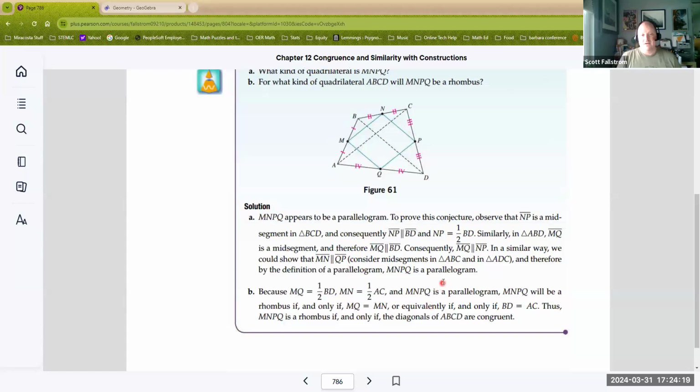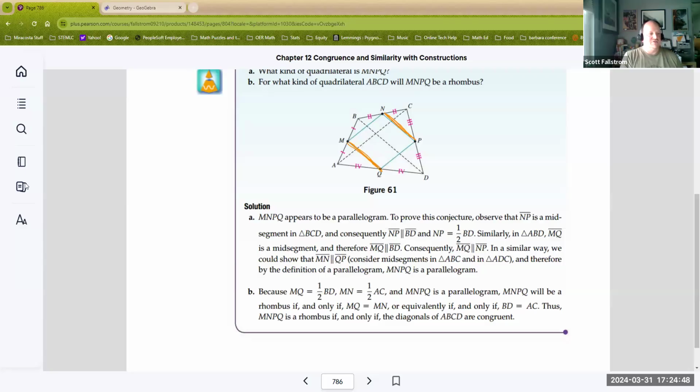That's pretty cool. And again, if you want it to be a rhombus on the inside, then we're going to need to have some of these diagonals. The diagonals are controlling the length of these sides. Remember, with the midpoint theorem, they're going to be half as long as the diagonal. So if you want this piece over here, this piece is going to be the same length as that one, guaranteed, because it's got to be half of BD.